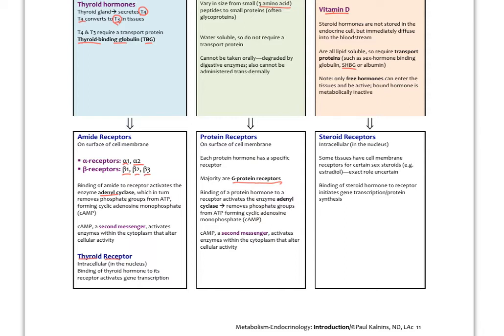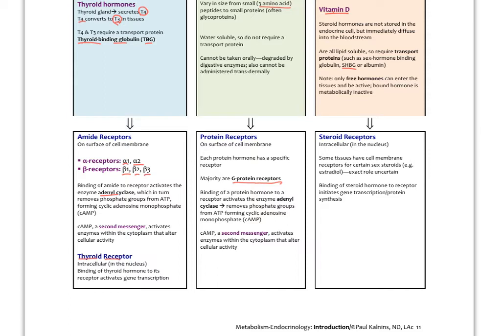The steroid hormones, generally when they work in the genomic way, by initiating gene transcription and translation, take several days to actually have an effect. So interestingly, we now know that the sex hormones can also have a more immediate action via the cell surface receptors. All right, so those are the 3 major types of hormones and their major receptors.